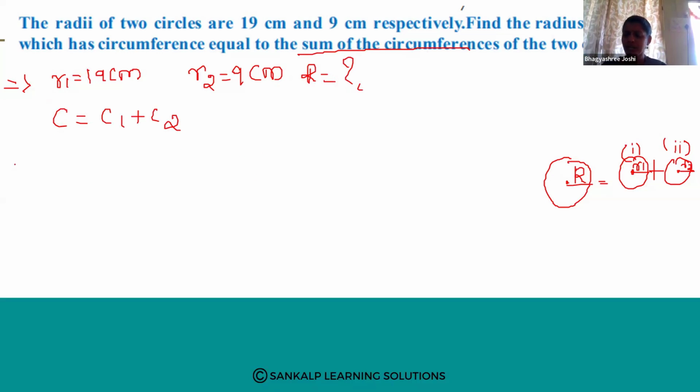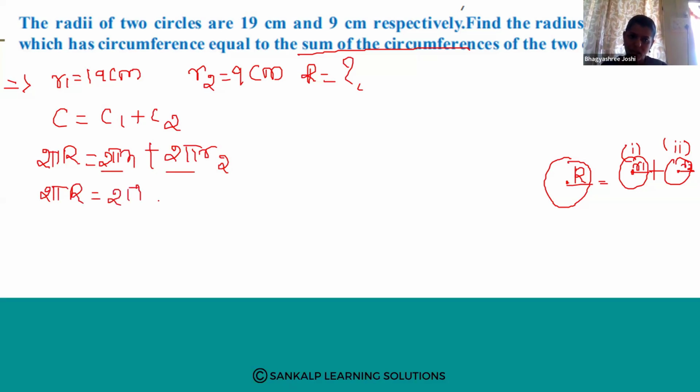Now, what is the formula to calculate circumference of the circle? That is 2 pi r. So R is the radius of this circle, 2 pi R1, where R1 is the radius of this circle, and 2 pi R2, where R2 is the radius of this circle. Right. Now, 2 pi R is equal to 2 pi common, R1 plus R2.